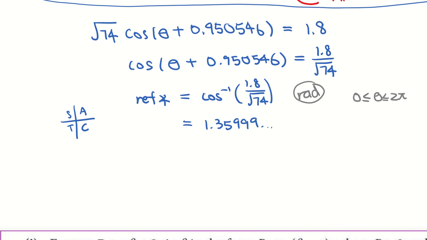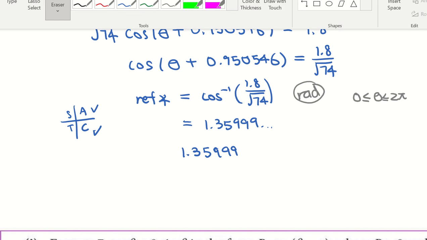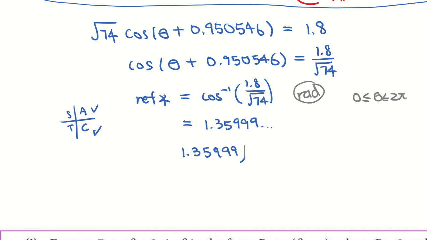So first and fourth quadrants, because cosine is positive. I'll find the first quadrant answer. Sorry, this one. Then I find the fourth quadrant answer. So these are my two possible answers. Is this the final answer? No, what must I do?